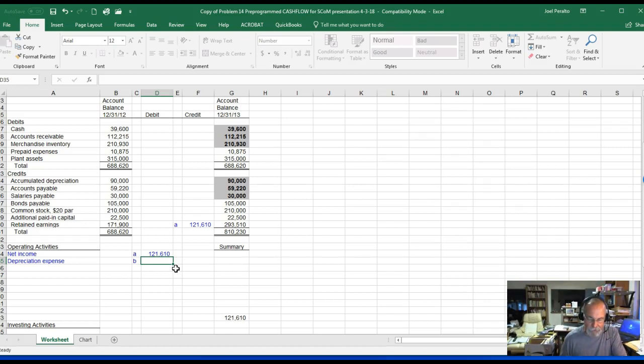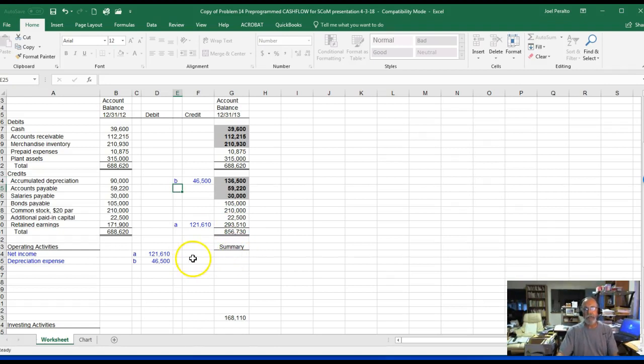And so that becomes a debit in this statement of cash flow section under operating activities. And again, that amount was 46.5. And the offsetting credit is to accumulated depreciation, the account credited for recording depreciation expense.